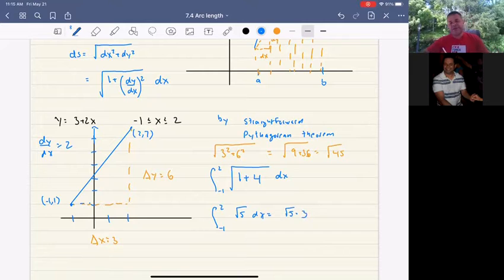That's root 5 times 3. Well, what happens if we take the 3 and put it inside the square root? It's going to be 9. Or, identically, we could say this is square root of 9 times 5, 3 root 5. Okay? Same answer. All right.